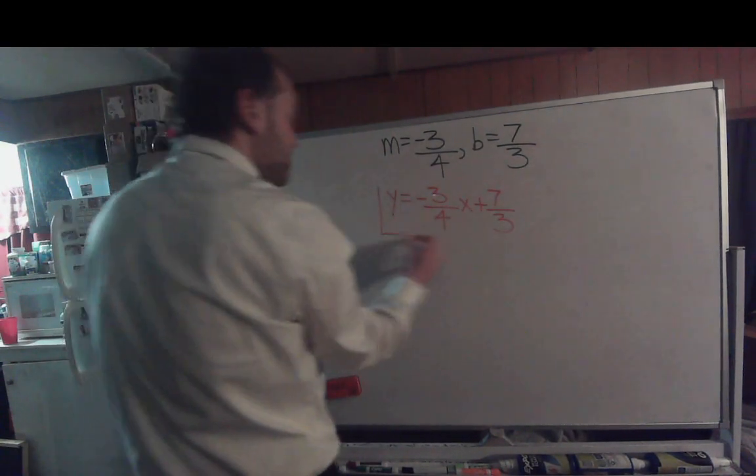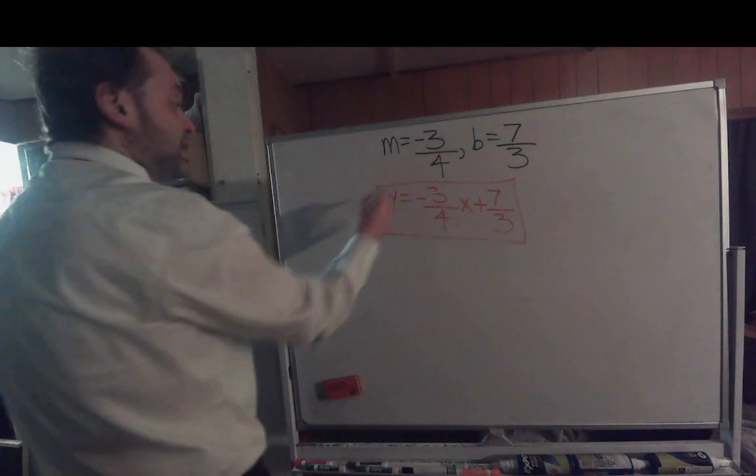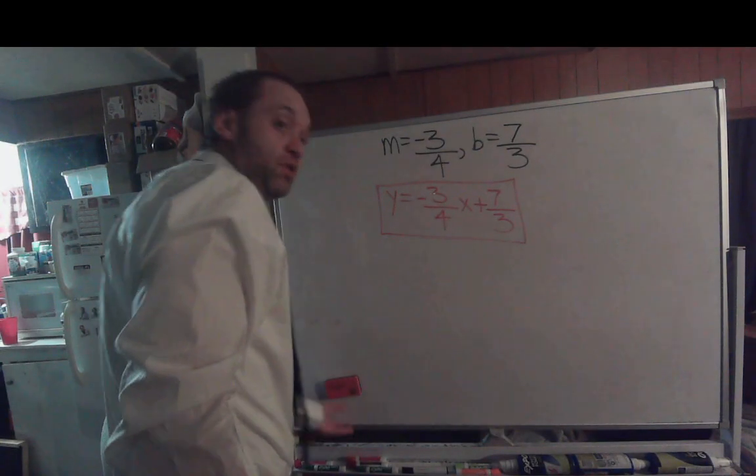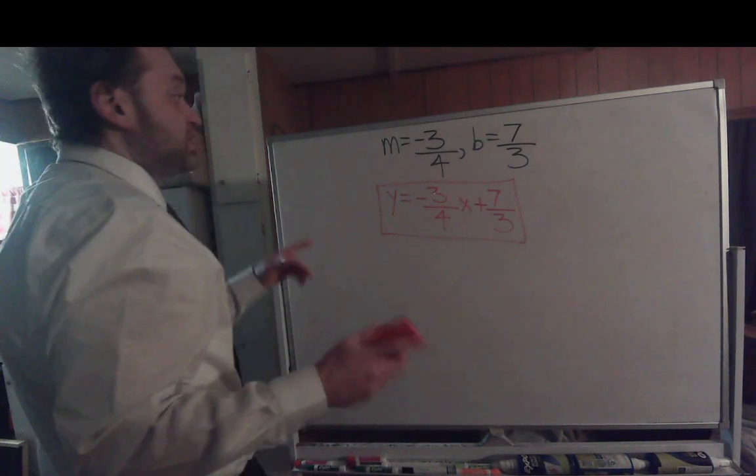So the equation of the line you'd be looking for in this case would be y equals negative 3/4 x plus 7/3. Alright, so there's those type where you already know the slope and the y-intercept. Now we're going to shift it a little bit.